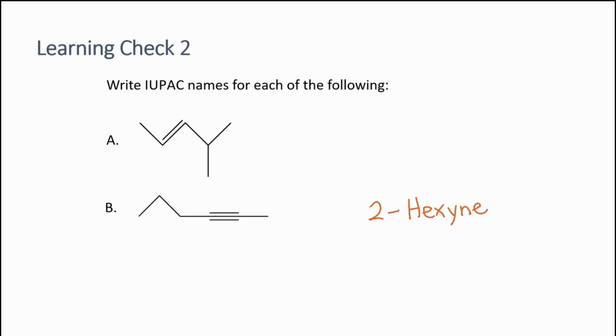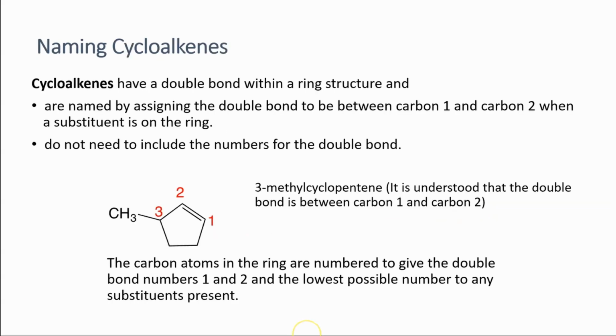Again, I'm gonna do the numbering: 1, 2, 3, 4, 5, 6. Okay, that's the IUPAC name for the structure B.